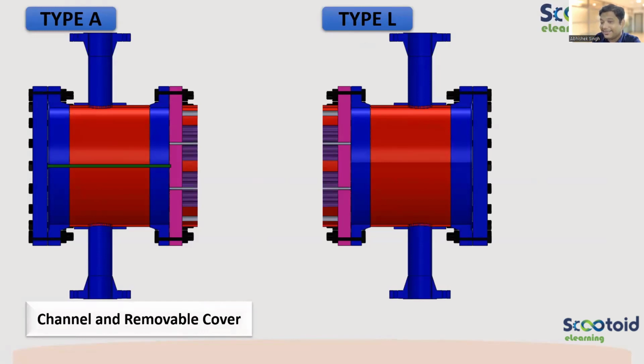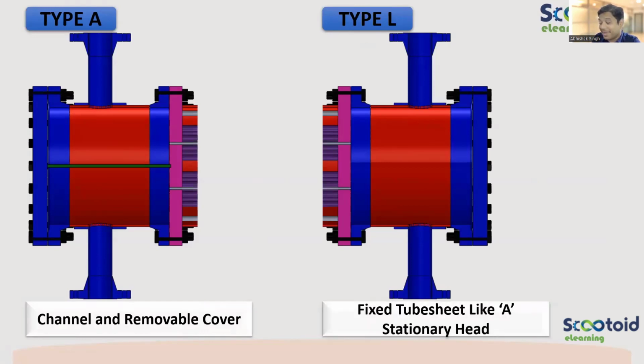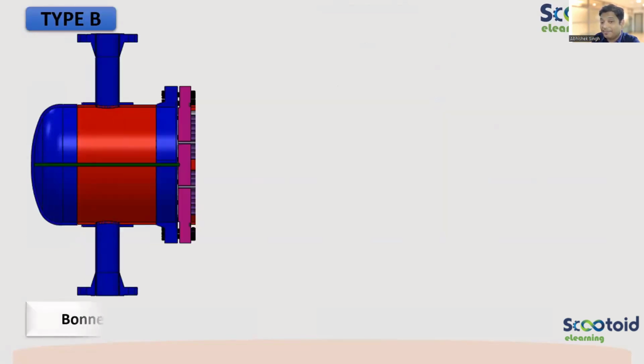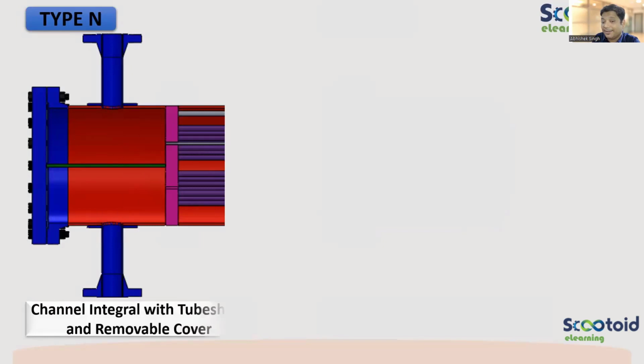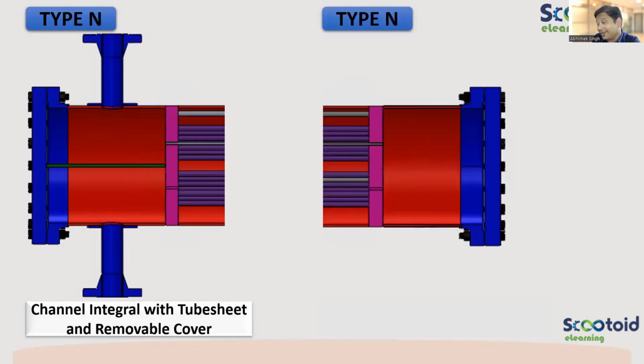Yes, is it making sense? So this is my type L. Type B, the reverse is type M. Completely opposite to it. Type N. On the rear side also, the name is the same.